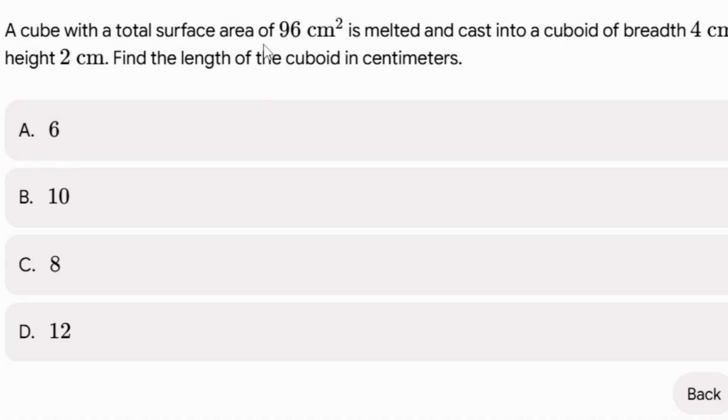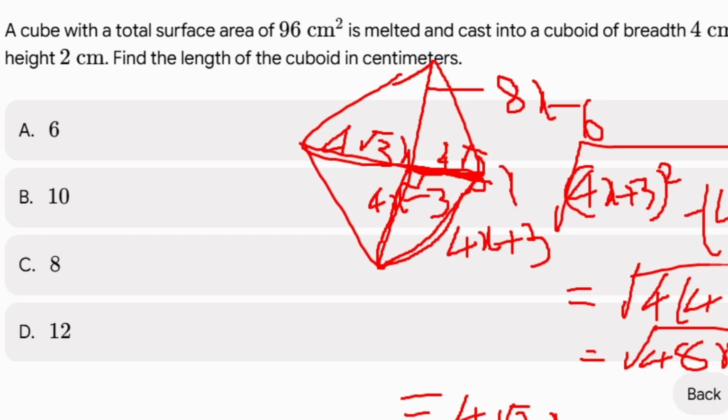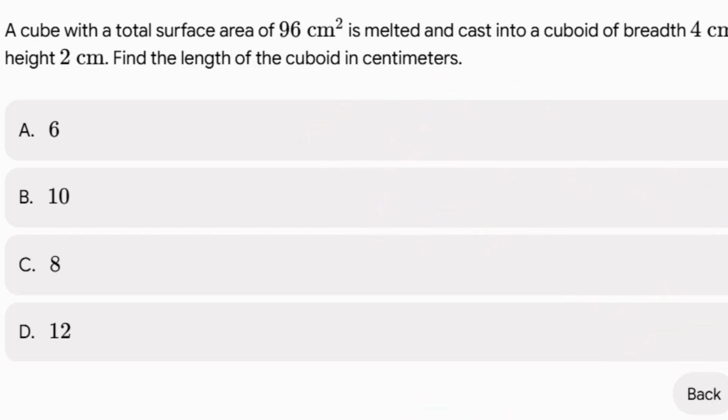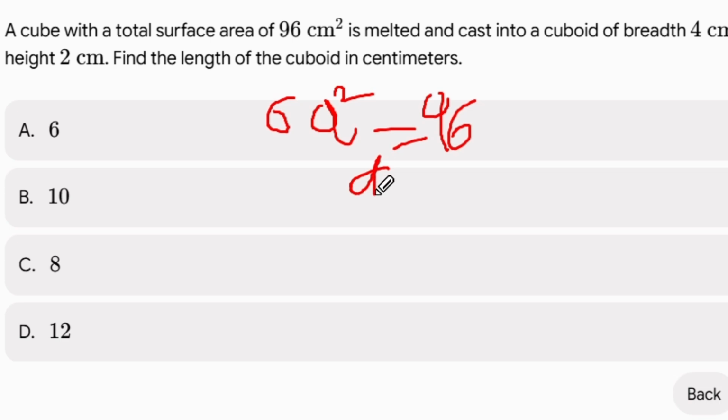Cube total surface area given. That means 6a square given. 6a square 96, then a equal to 4 centimeters.